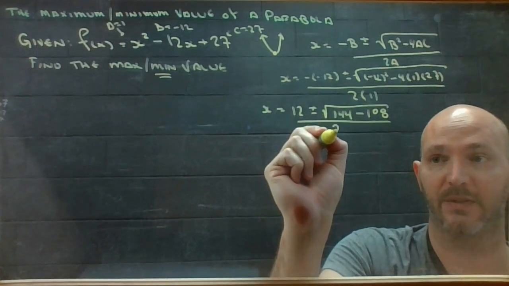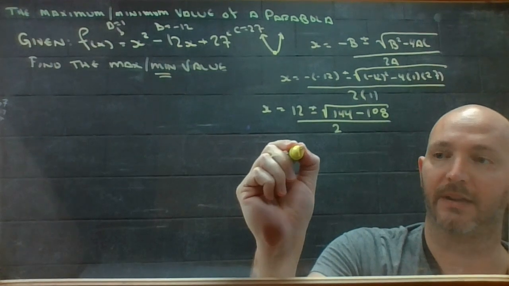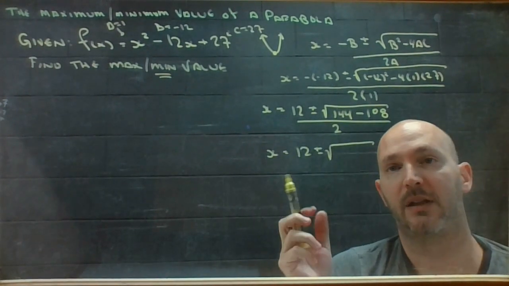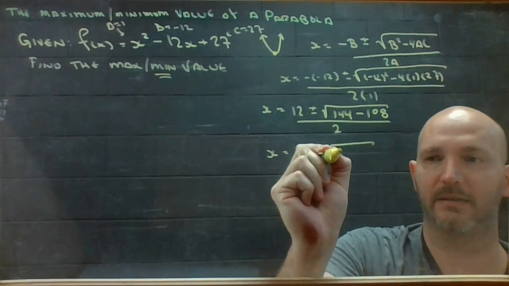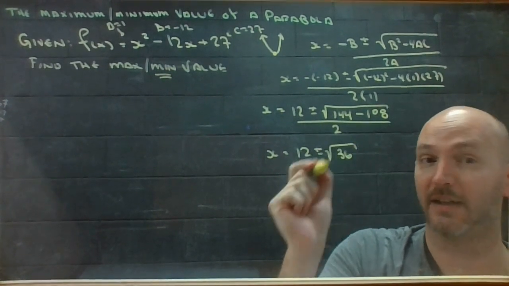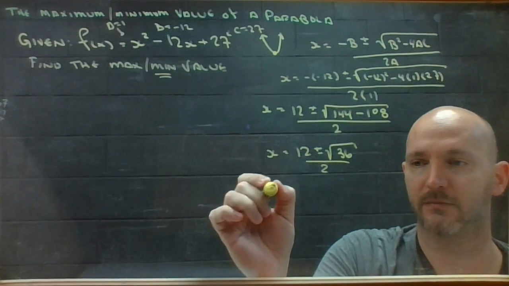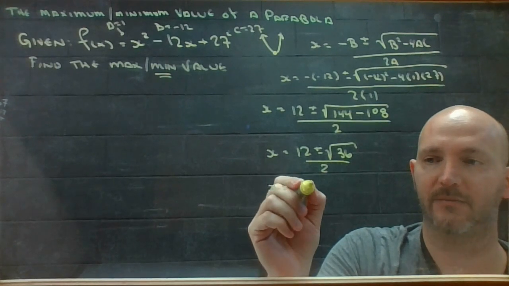Two times 1 is 2. All right, 12 plus or minus the square root of 144 minus 108, which is 36. That's a handy number to have in a square root. Square root of 36 is 6.